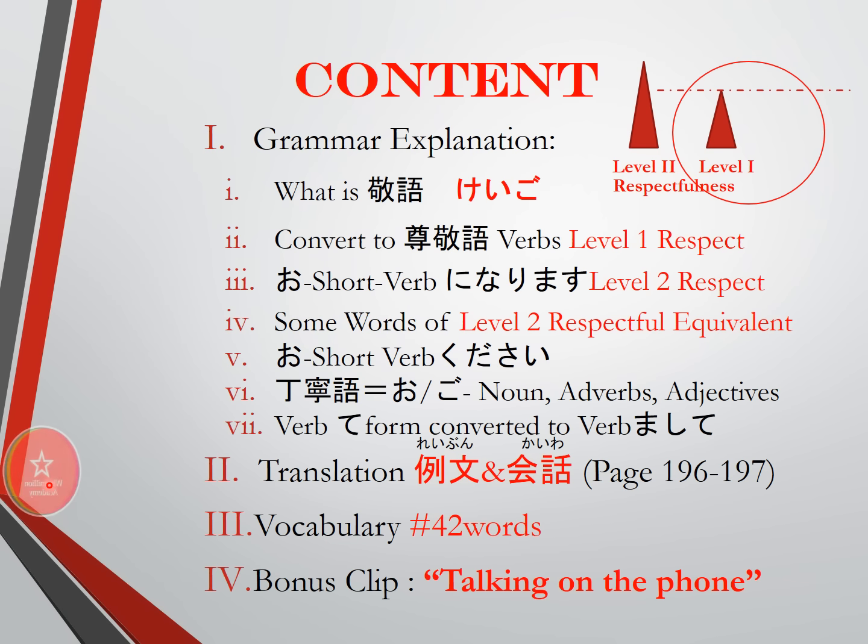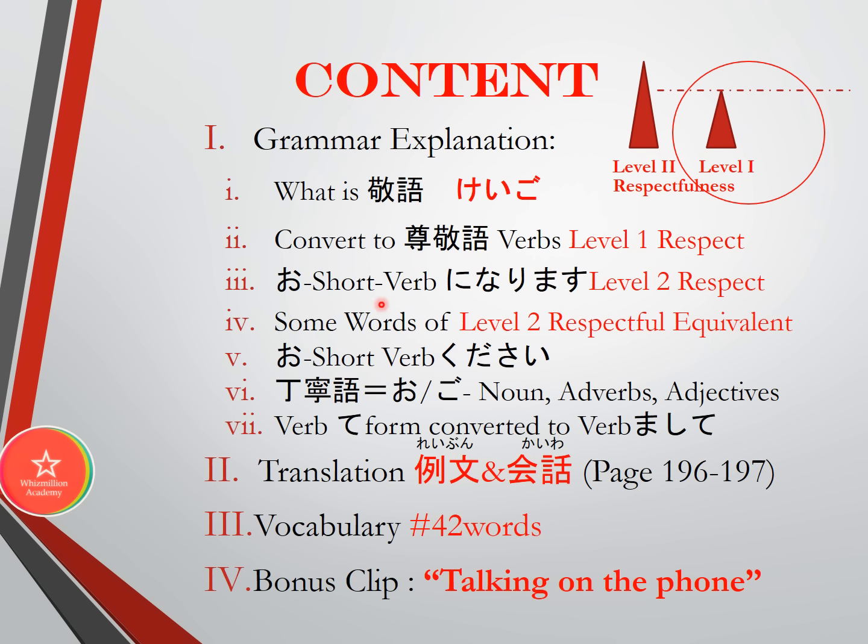The grammar for this lesson begins with keigo. What is keigo? Keigo is a form of honorific expression. There are three ways that keigo can be expressed in a conversation where you are talking about someone of a higher status or talking to someone of a higher status. First way, which we call level 1, is using keigo converted verbs.